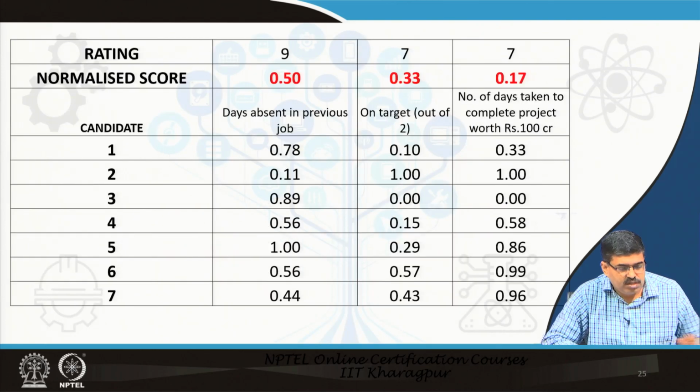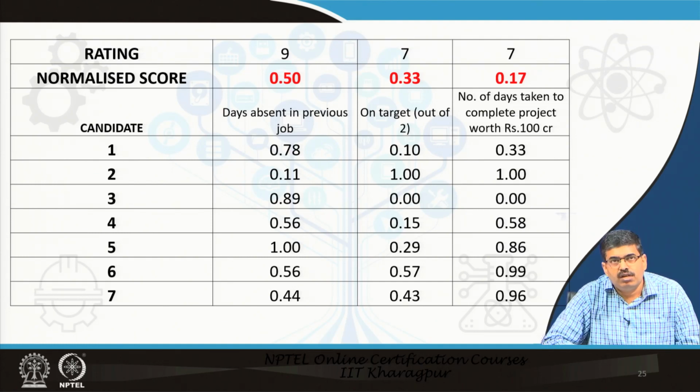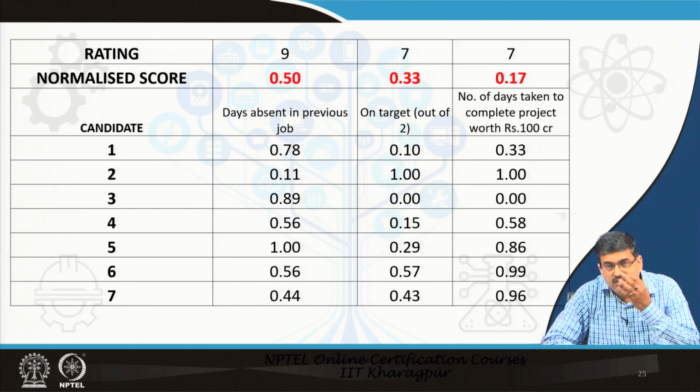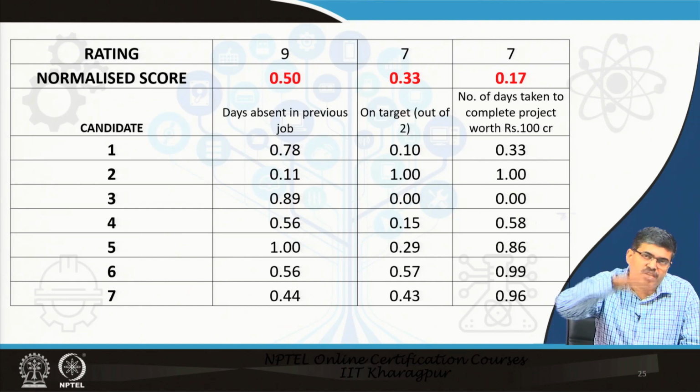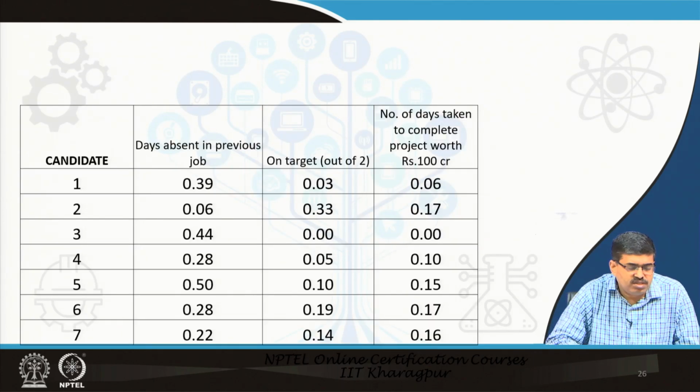Now, the normalized scores we got are 0.5, 0.33, 0.17. Just multiply. Normalized score 0.5 into 0.78, just multiply this entire column. Same principle, no difference. Only the first part is different, nothing else.